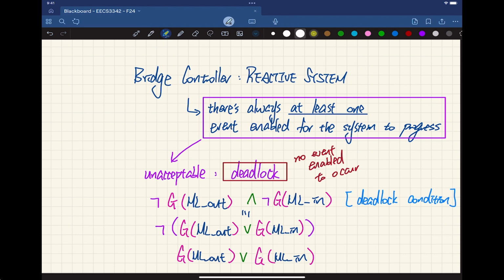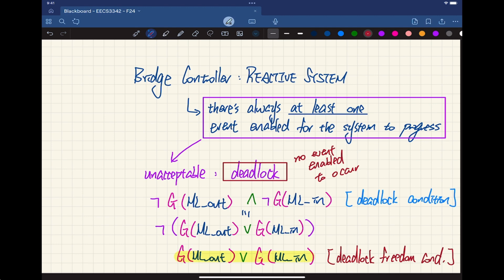That's what I have. So this is the so-called deadlock freedom condition, which is the negation of the deadlock condition.